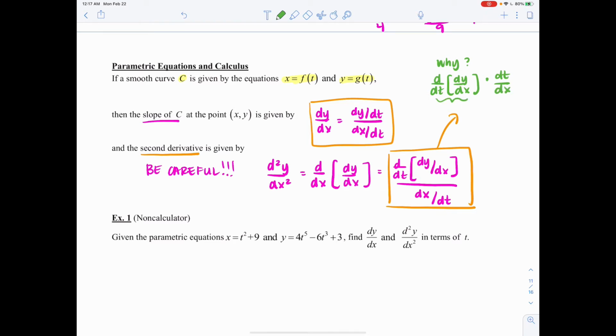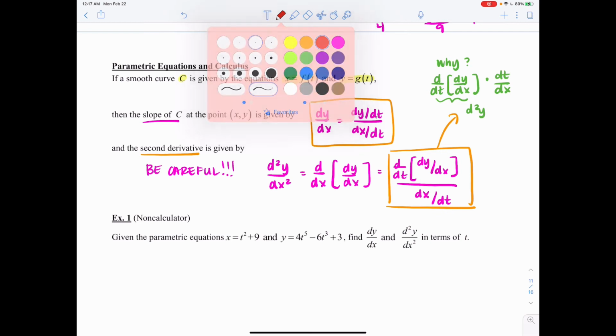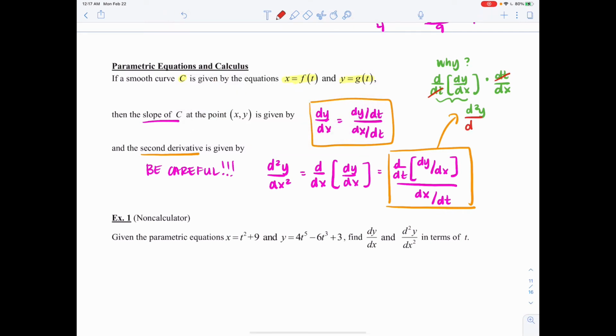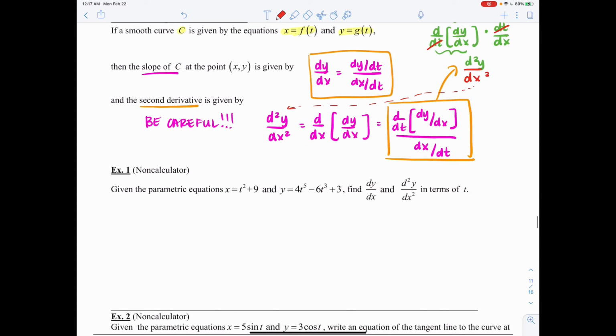This gives us d2y, my dt's go away, and I have dx squared, which takes us back to this formula. So what is this saying? Basically, I want to take the derivative of dy dx, and I'm going to divide it by dx dt again.